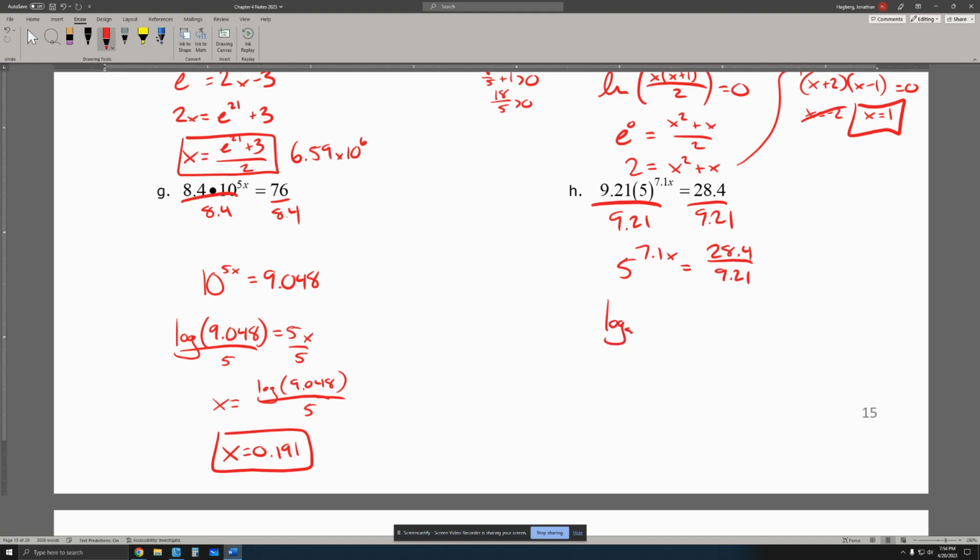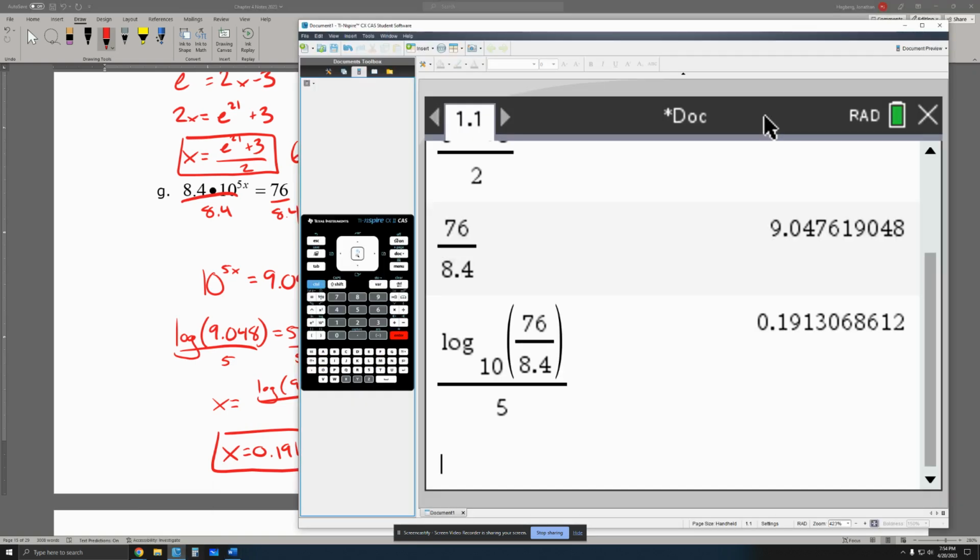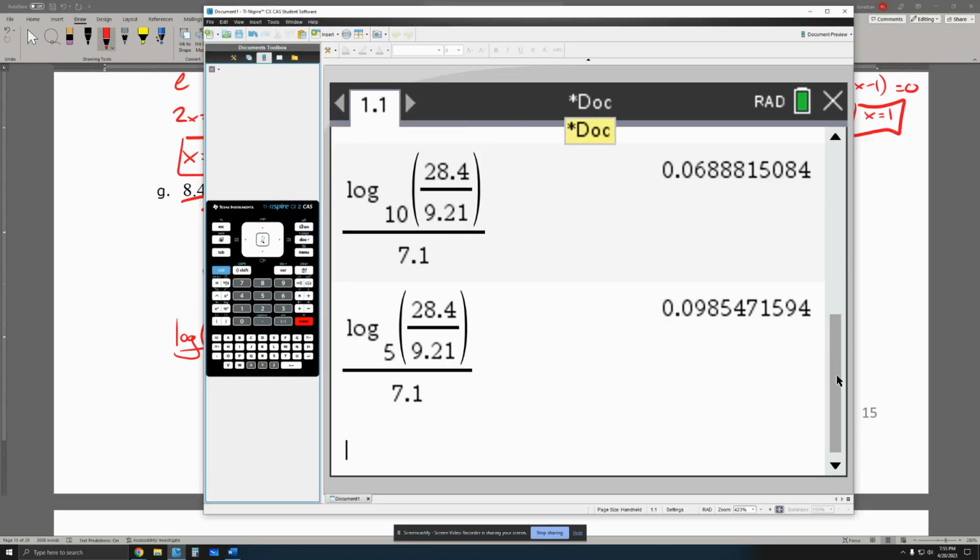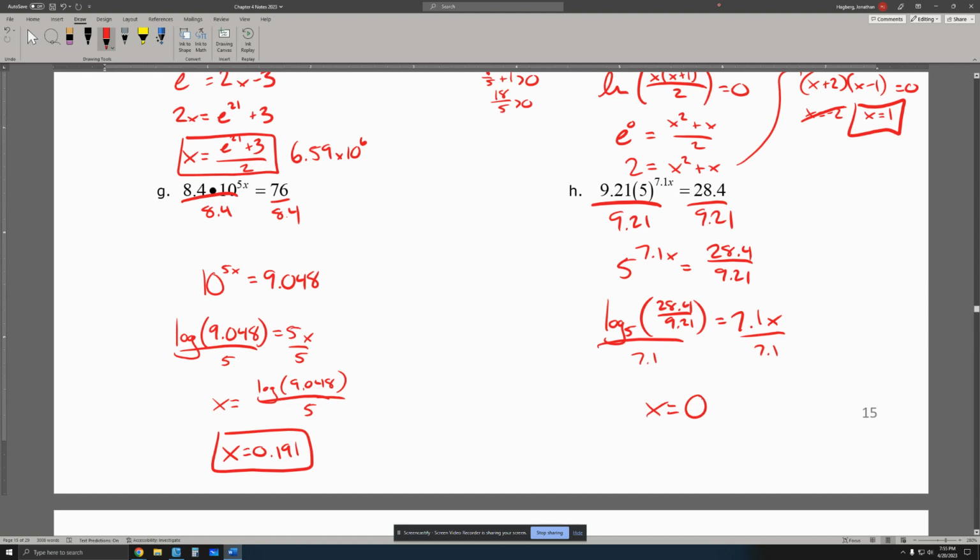Rewriting this, log base 5 of 28.4 over 9.21 is equal to the exponent 7.1x, and then finally dividing both sides by 7.1, we get x is equal to, head over to our calculator, there we go, about 0.099. Okay. And again, an exponential equation, so this is the solution.